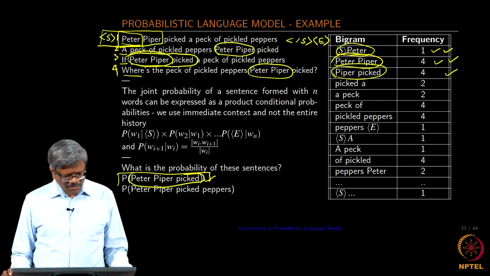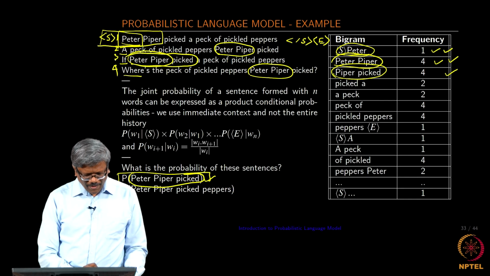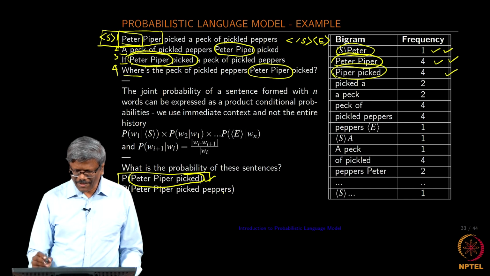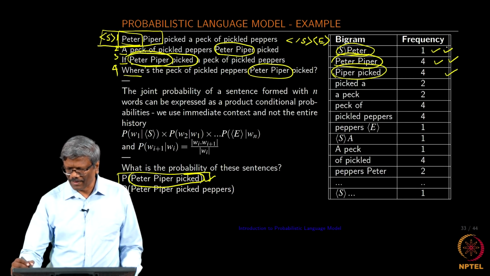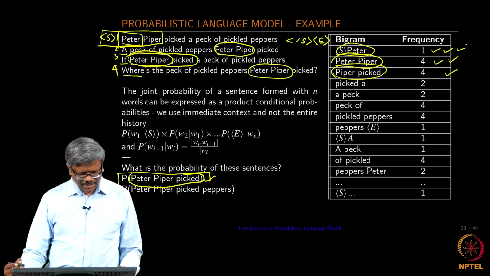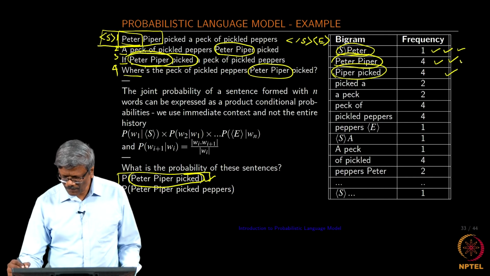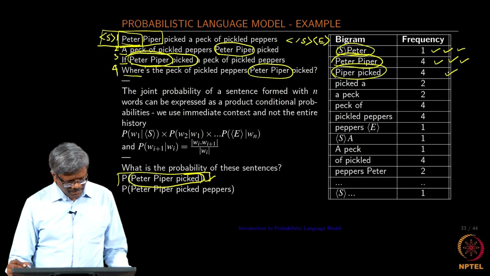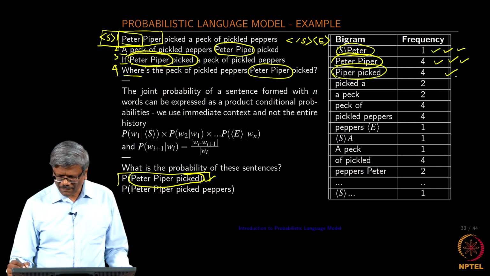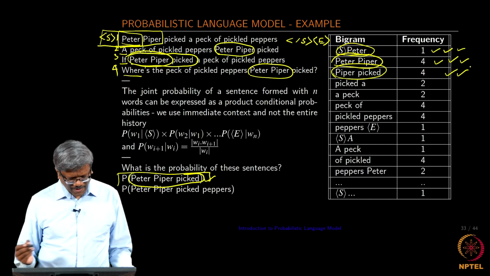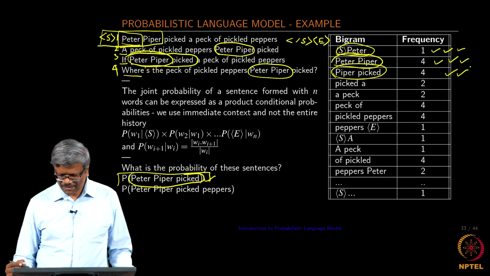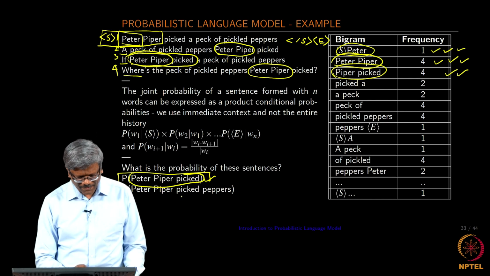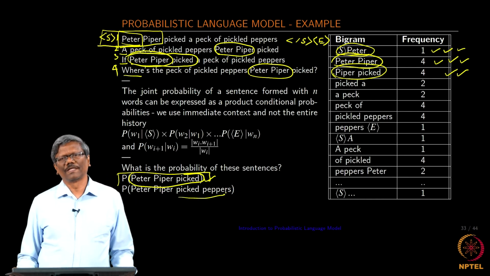Okay. So let us look at the second one, Peter Piper picked peppers. Okay. So we have starting symbol and Peter occurring once, right, and then Peter Piper we know it is occurring. Piper picked, yes, we have it, and then picked peppers. So, do we have picked peppers in this? We do not have this, right. So what is going to be the probability of this?